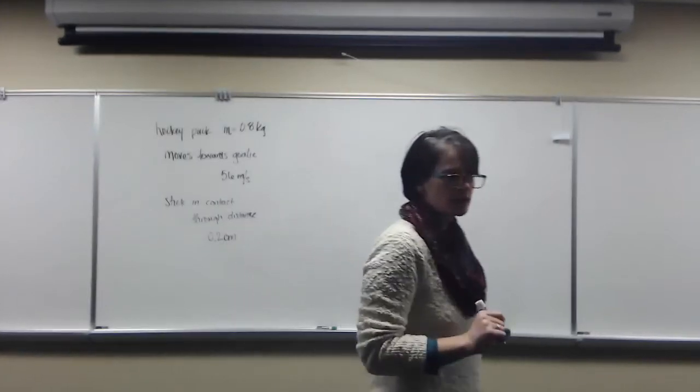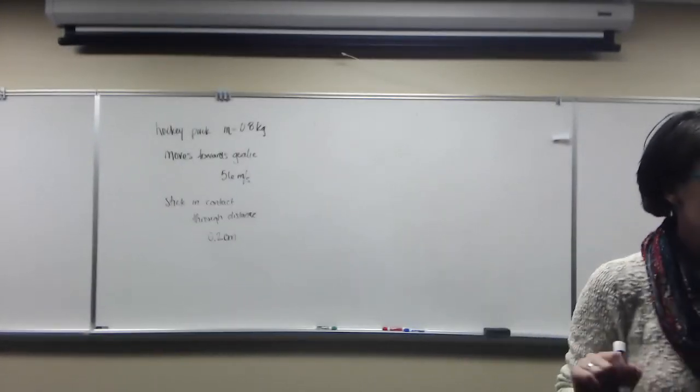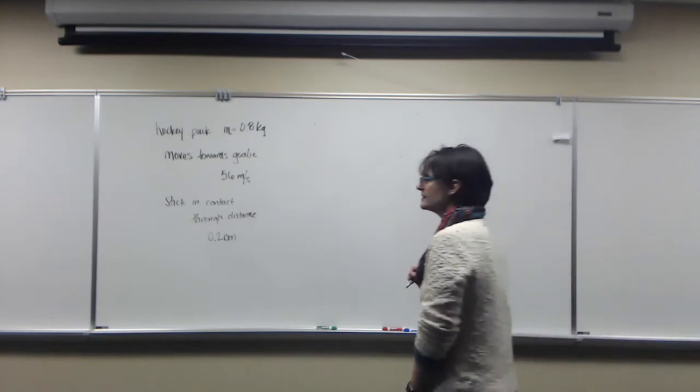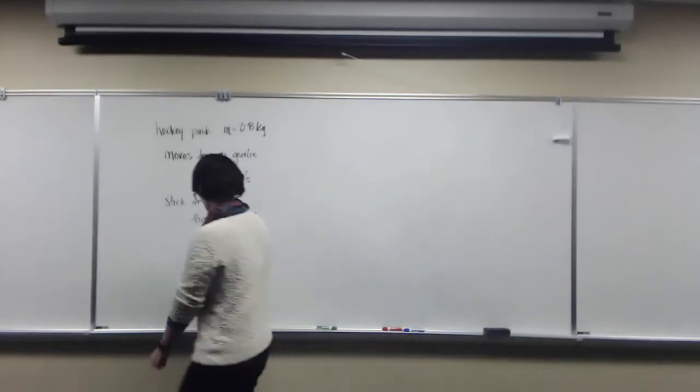So the question is, how much work is done on the puck by the stick, and what's the force that the stick exerts? So those will be our two questions.